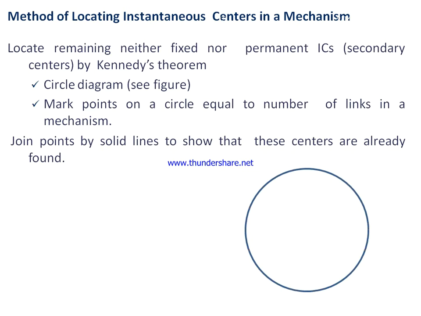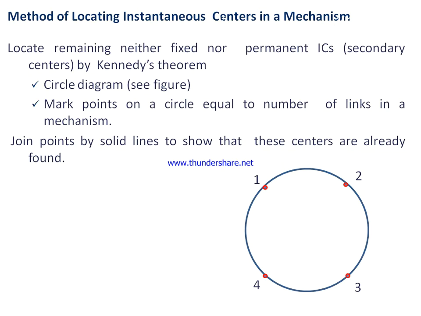Now to locate the secondary instantaneous centers, which are neither fixed nor permanent, let us follow the circle diagram. Draw the circle first, and on this circle mark points equal to the number of links in the mechanism. We have a 4-bar mechanism, so there are 4 links.